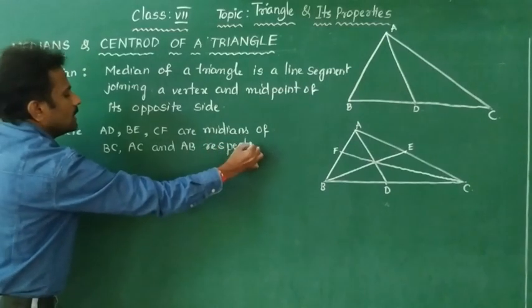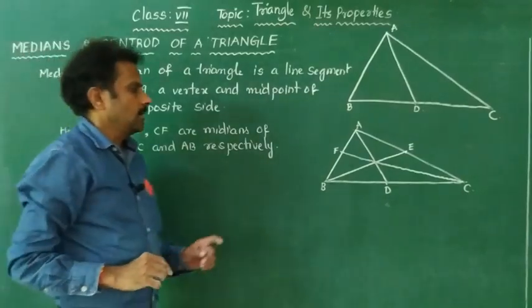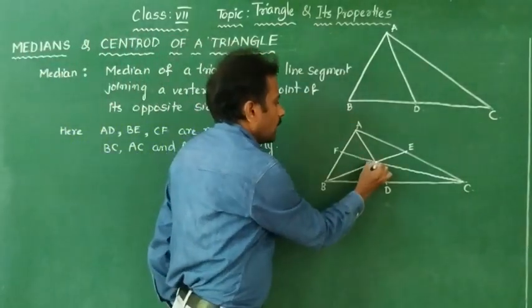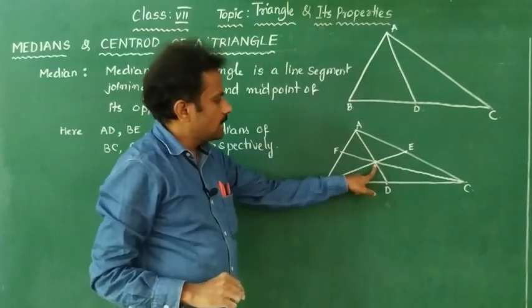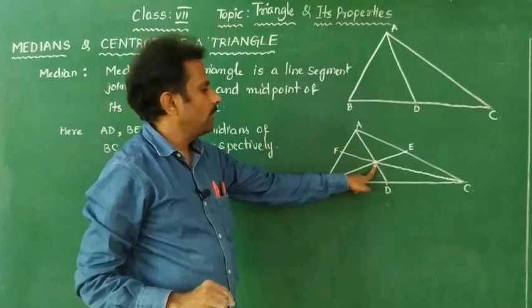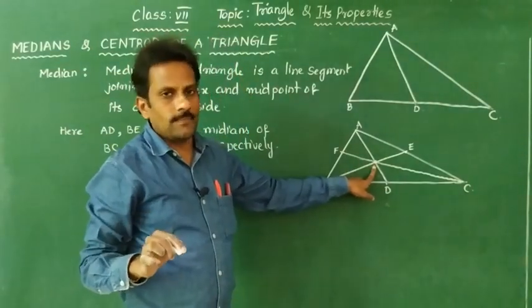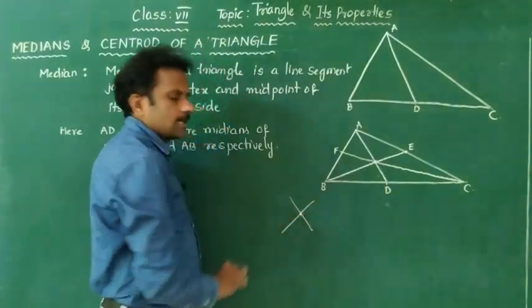Then here one amazing thing you can observe, one surprising thing. What is that? All the medians are passing through the same point. This is the point of concurrence of the three medians. Why do we say point of concurrence? If two lines intersect, we say point of intersection.